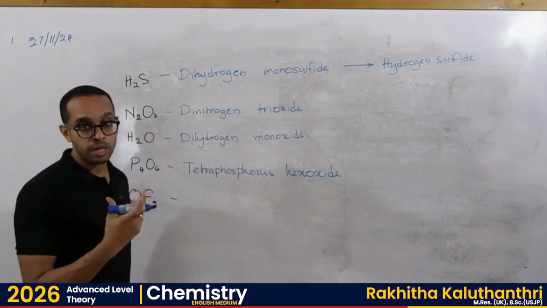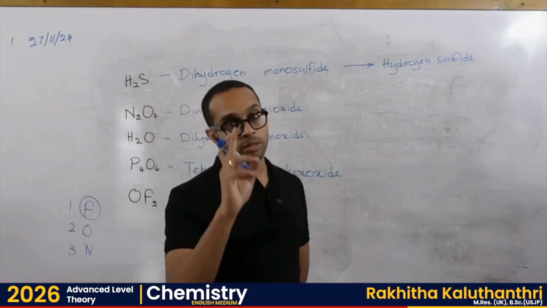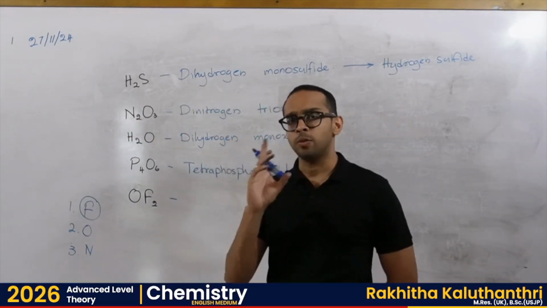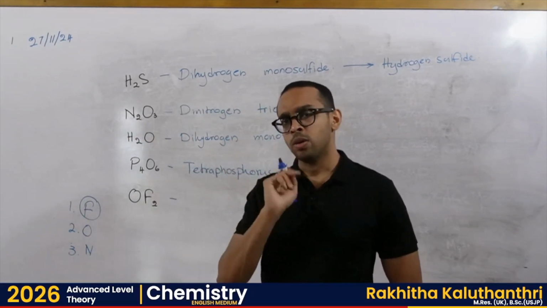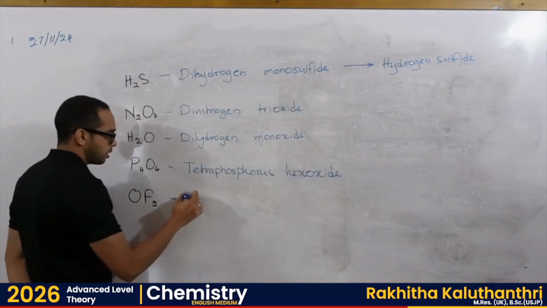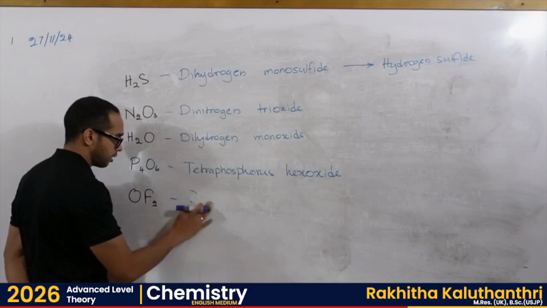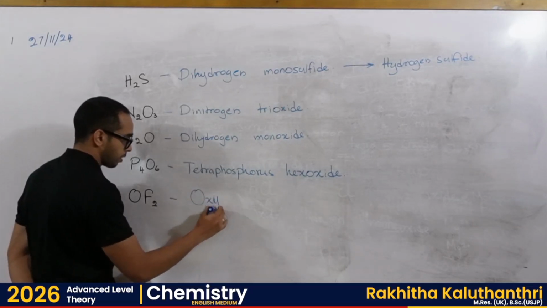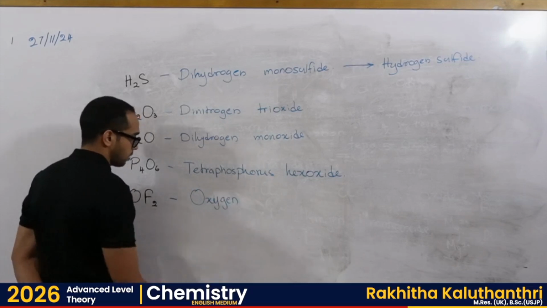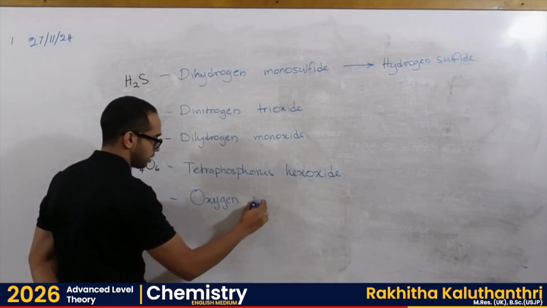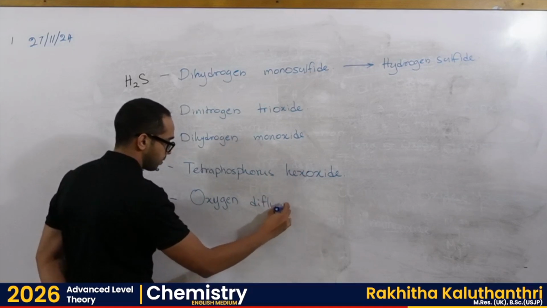Normally oxygen wouldn't get a plus oxidation state, only when oxygen is connected to fluorine, not any other atom. So this would be oxygen difluoride.